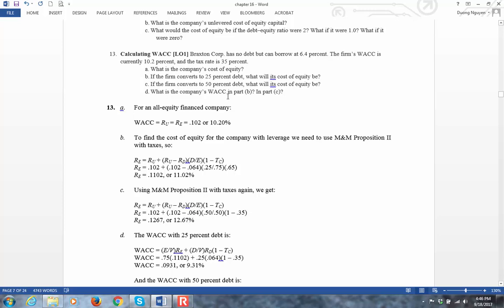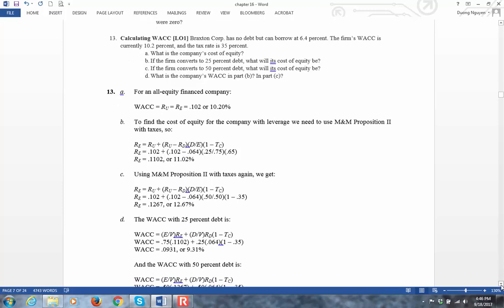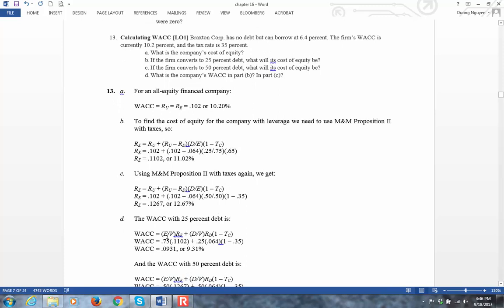What is the cost of capital in part B and in part C? In part B, 25% debt, 75% equity. You put in the formula for cost of capital: the weight of equity, which is 75%, times cost of equity 11.02% right here, plus the weight of debt, 25%, times pre-tax cost of debt 6.4 times 1 minus tax, and the cost of capital is 9.31%.